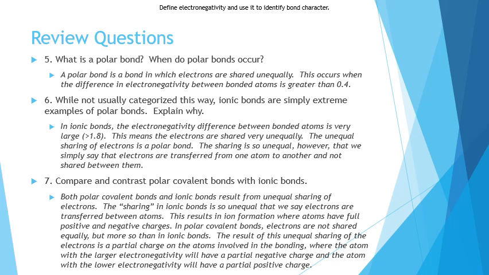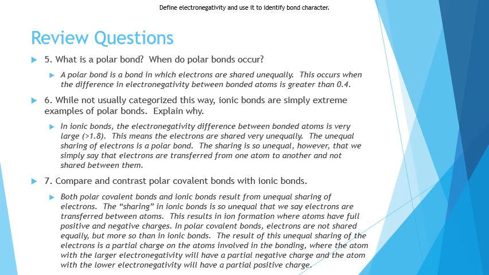In polar covalent bonds, electrons are not shared equally, but more so than in ionic bonds. So even though one atom's pulling on the electrons more than the other, there's more of an equal pull compared to ionic bonds. So the result of this is that we just get partial charges on the atoms. The atom with the larger electronegativity will pull on those electrons a little more, so it's going to have a partial negative charge.